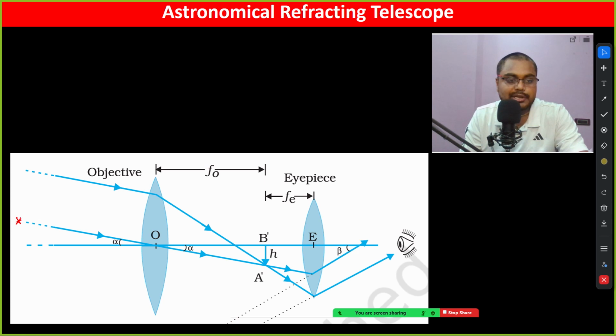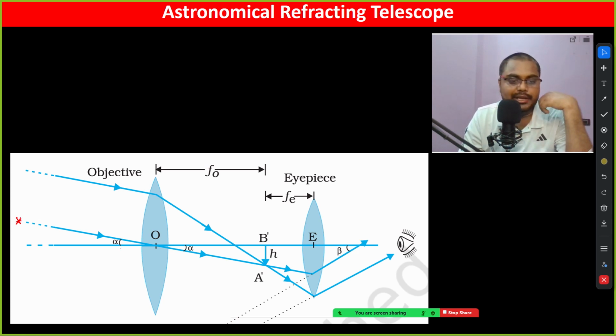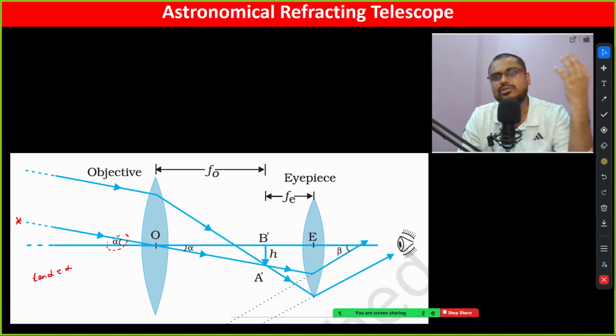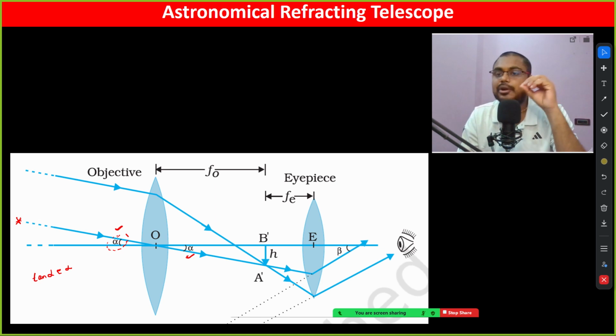This object is here, far away. So I can write tan alpha, and equate it to alpha because it's quite far away, so we are approximating. If you see clearly, this alpha is the same as this alpha due to geometrical optics.